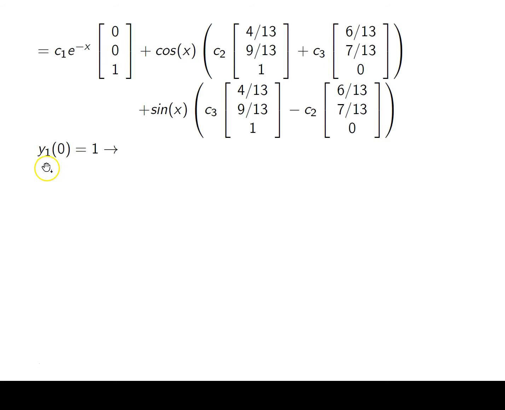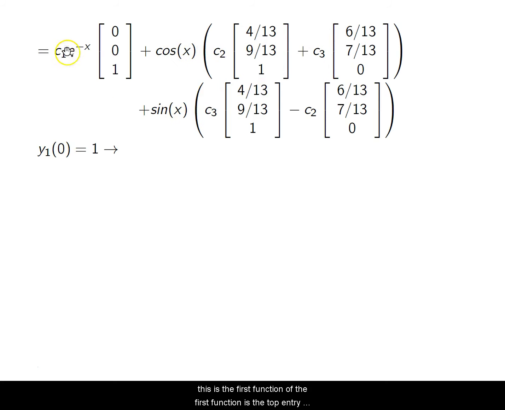My first condition is that y1 of 0 equals 1, so I'll apply that. I'm going through the top vector. Everything on the top is the first function. So C1 e to the negative x times 0, so I don't have to worry about that. C2 times 4/13 cosine x, C3 times 6/13 cosine x, and then the same thing here.